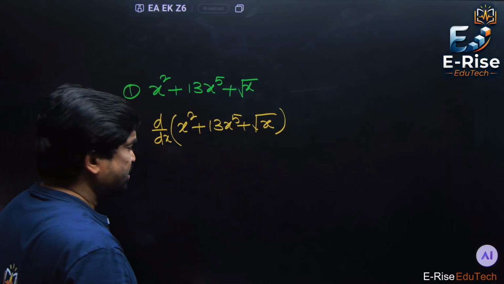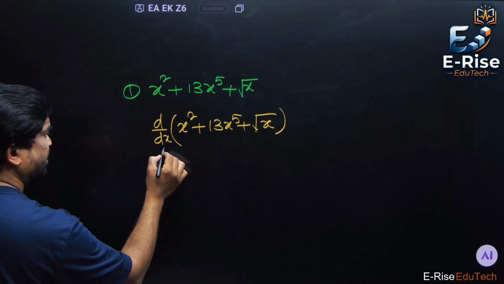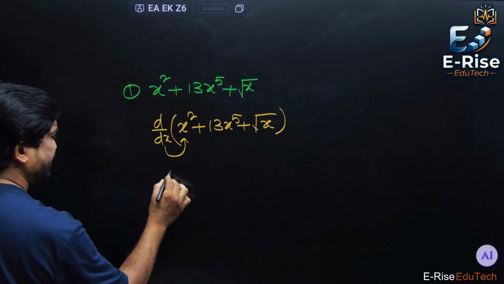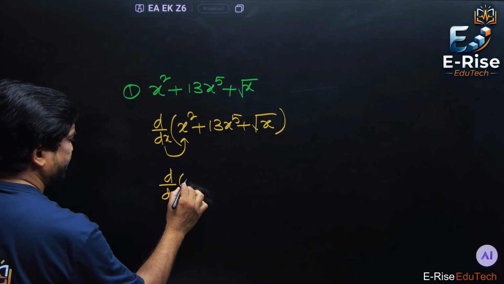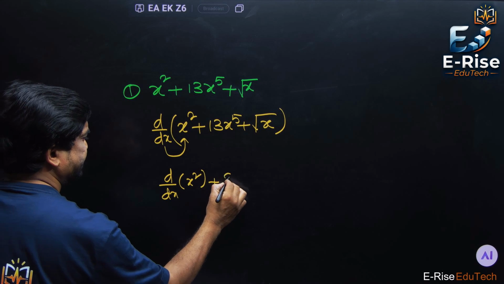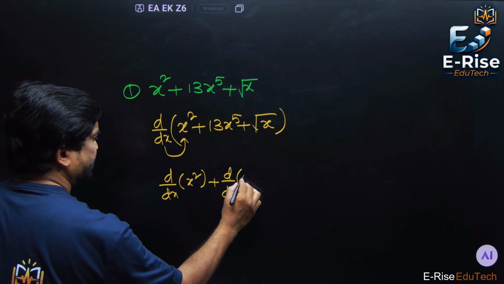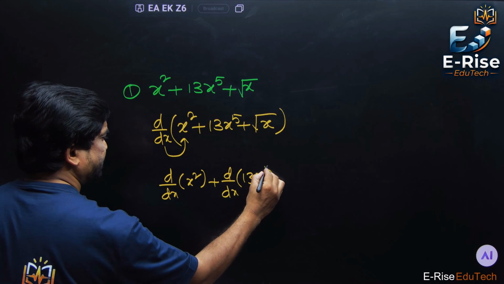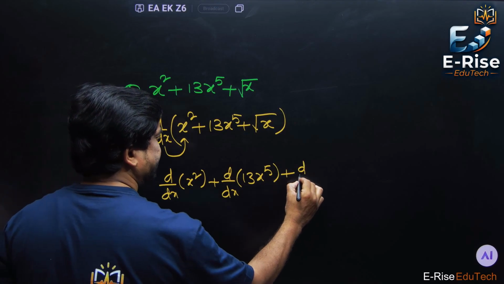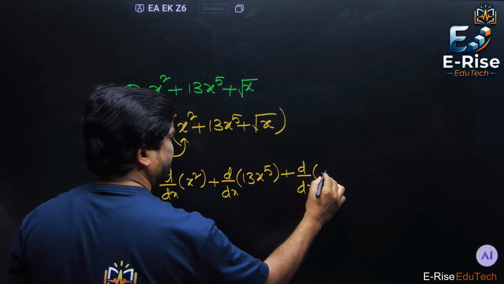Then write separate differentiation, d by dx of x square plus d by dx of 13 x power 5 plus d by dx of root x.